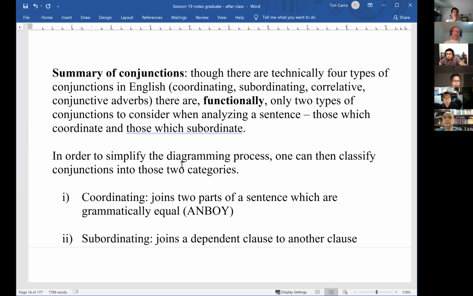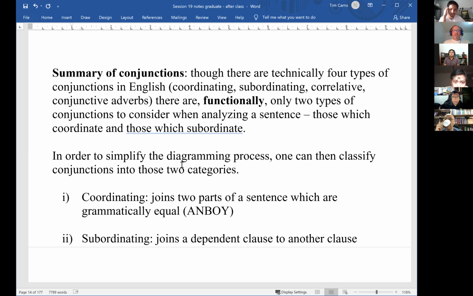So don't get too caught up in, do I have a conjunctive adverb here, or, oh, this is correlative. Just identify those words, just like the process we spent a couple weeks going through: look at the word that you think is a conjunction and see what follows it. If it's an amboy, if it's and, nor, but, or yet, then you know you have coordinating.